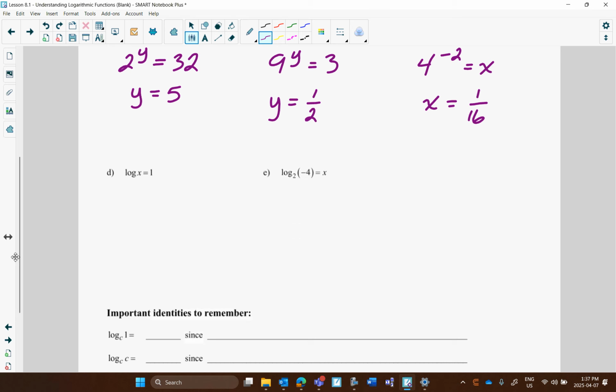How would you write this one? 10 to the 1 equals x. Well, 10 to the 1 is what? Yeah, that's it. And finally, this would be 2 to the x equals -4.